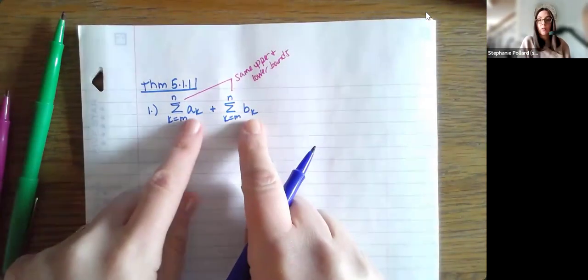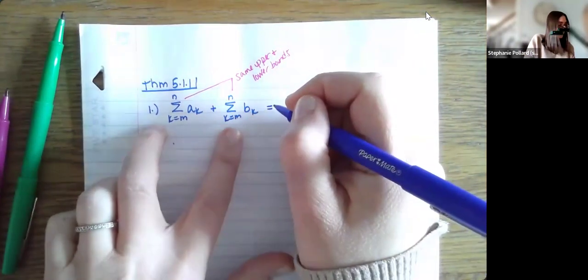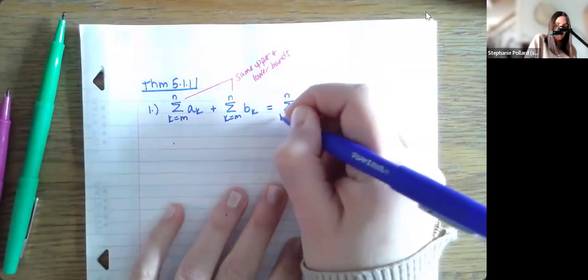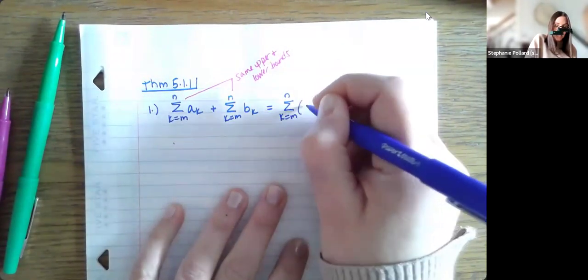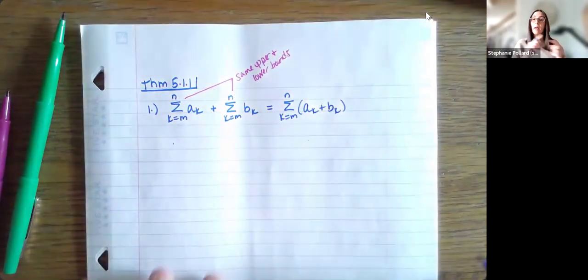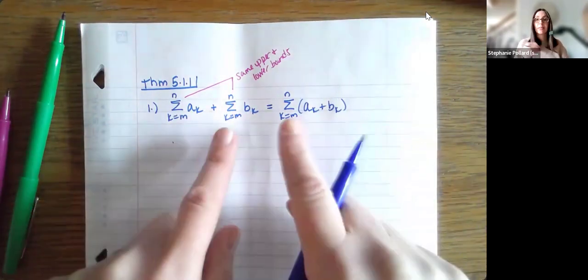And that's really important. So the summation is the same. Now we're using different letters here because you would assume that those are different formulas. But if your summation part is the same, then what you could do is you could rewrite this, keeping the same summation part as A sub k plus B sub k. And you can go back and forth. So you could keep it together or you could break it back apart. So these would give you the same results.